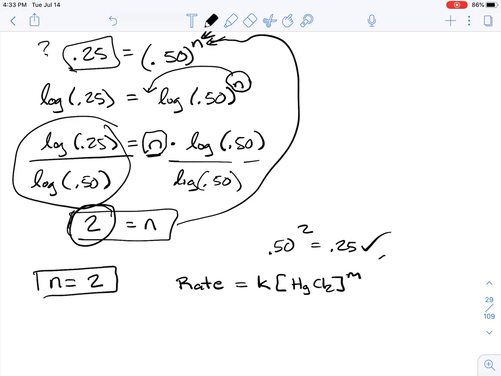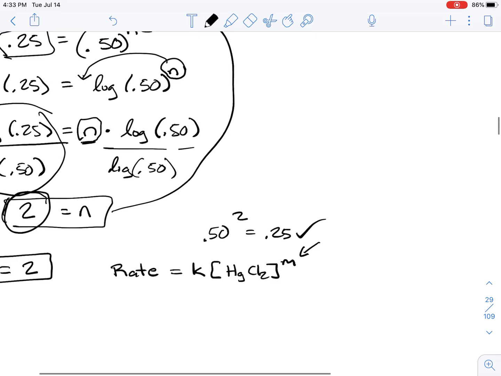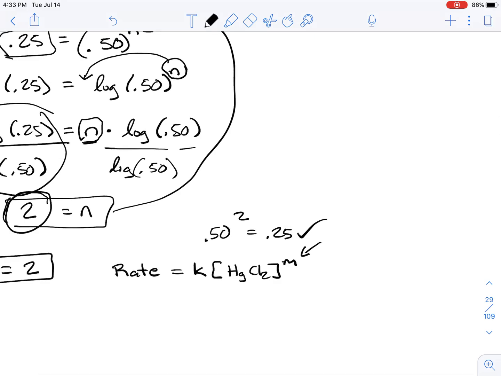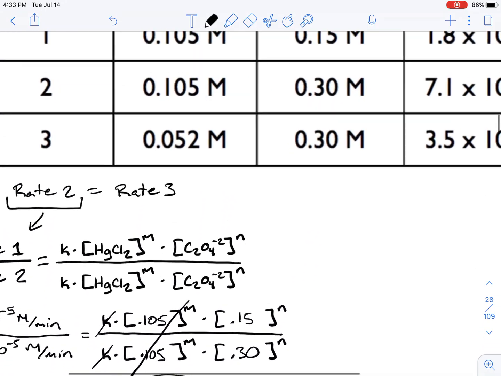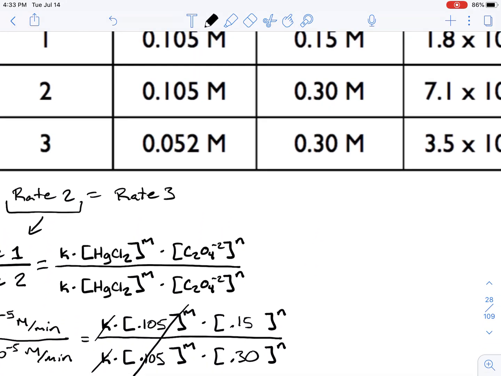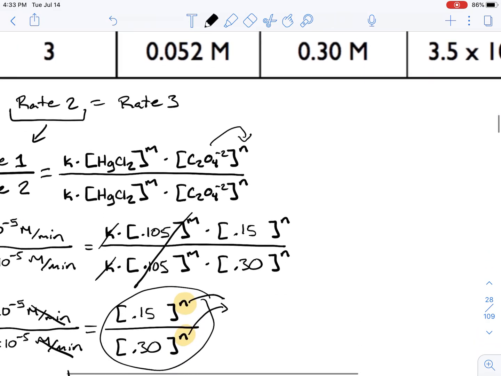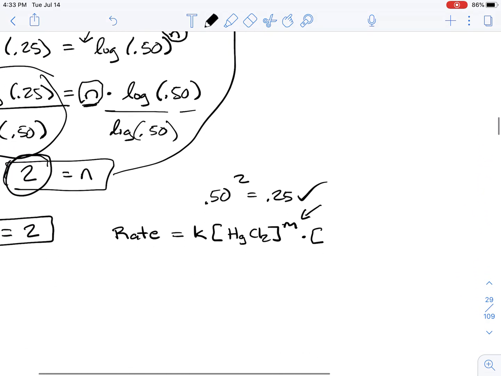Remember that we still have not yet determined what the value of m is, so we're going to leave that alone. And then this is times the concentration of, I believe this was oxalate, because this oxalate is pertaining to the n. So here we have C2O4 2-.